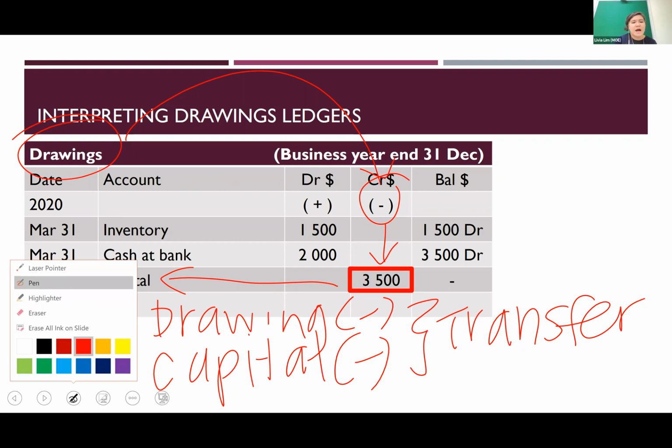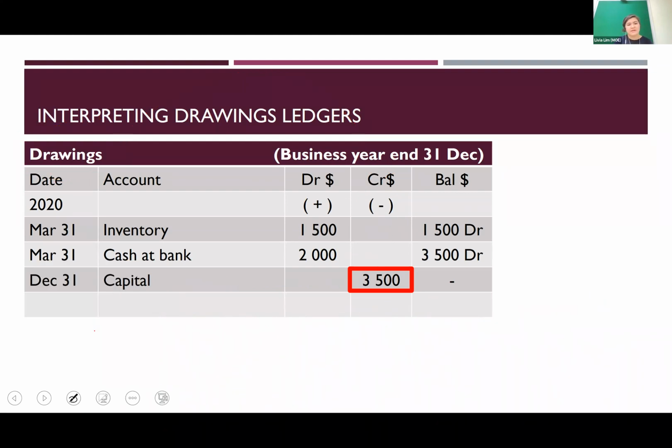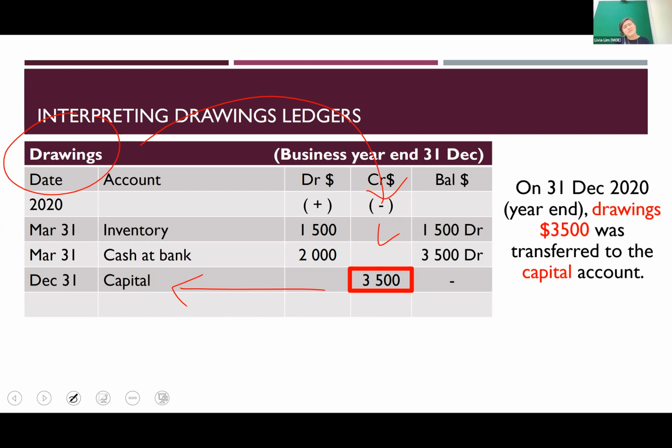All right, so how can I describe this 3,500? Now, since drawings went down and you know that it's transferred to the capital account, we would say something like this, very straightforward. On 31st of December, year end, this always happens on year end, drawings, $3,500 was transferred to the capital account.